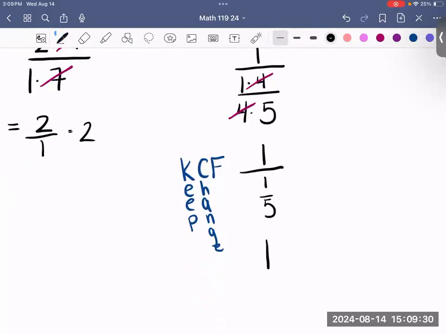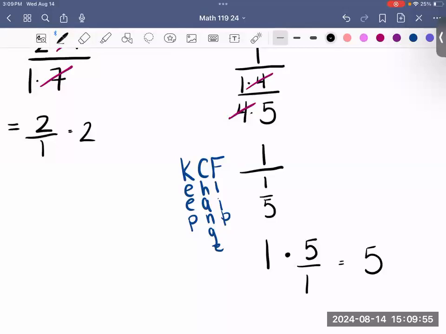So if we're working with division, we're now going to be changing it to multiplication. And then we're going to flip the bottom fraction upside down. So twisting it upside down to be 5 over 1.